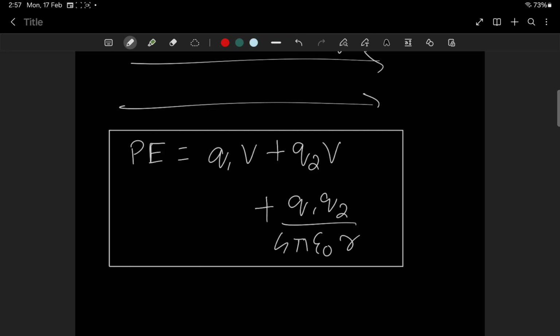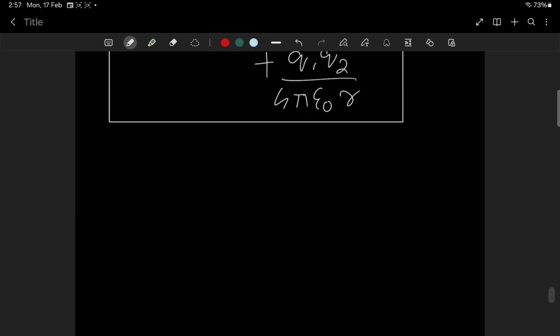Okay, yes. Now we are coming to another important part, that is potential energy of a dipole in an external field. Now we learned about potential energy of two random charges in an electric field.